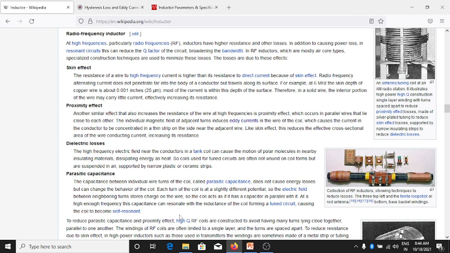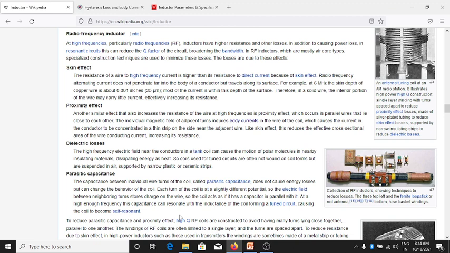The capacitance between individual wire turns of a coil, called parasitic capacitance, does not cause energy losses but can change the behavior of the coil.